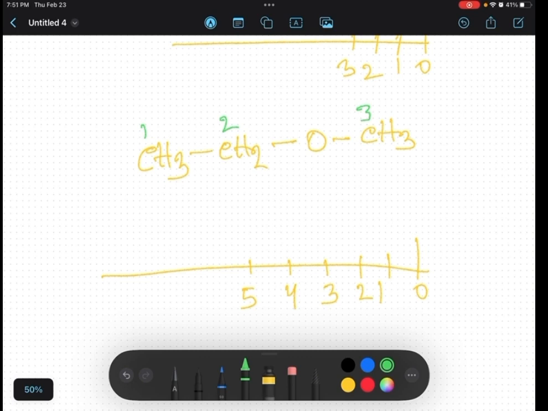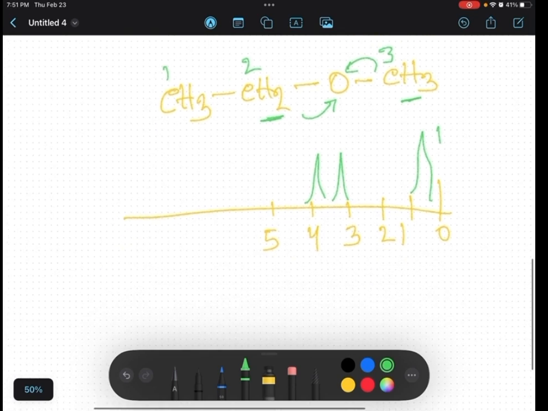Number 1 is that one. Number 2 is next to oxygen, so it will show up around 3 to 4, something like here. And number 3 is also next to the oxygen, so you'll see another type of peak. Now I am not showing the splitting pattern, just see the position of the peak where you will see it for this molecule.